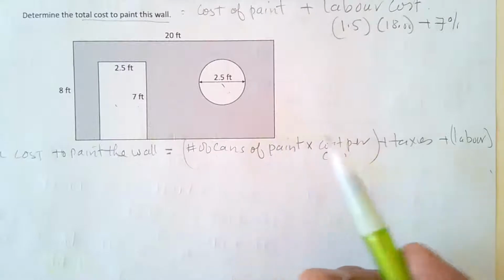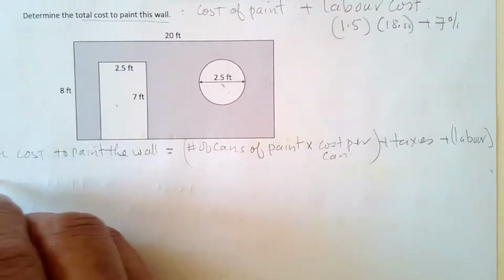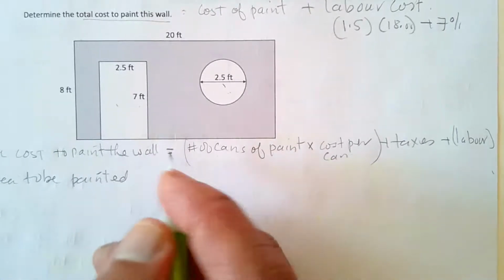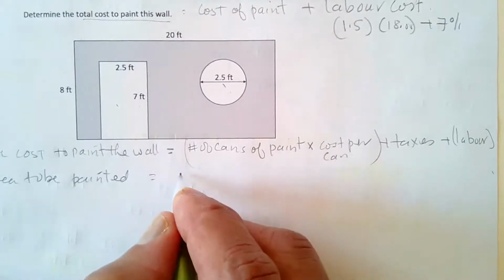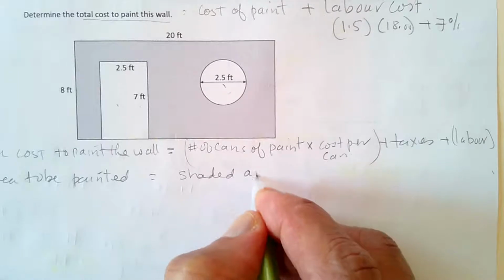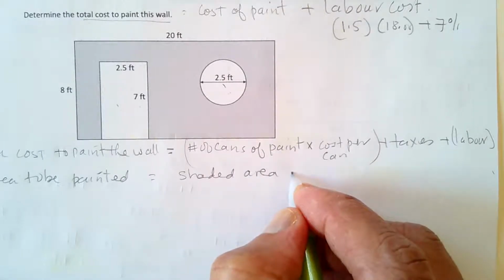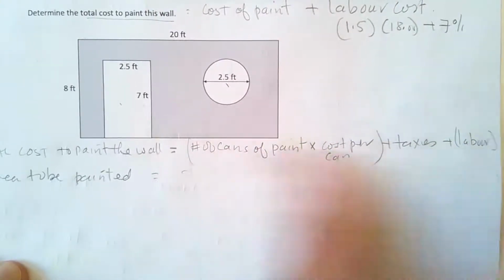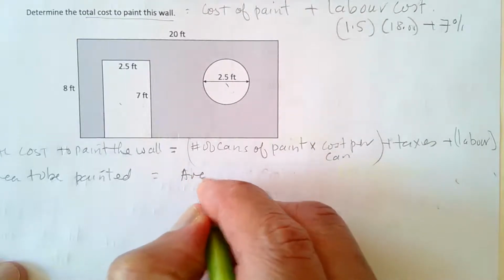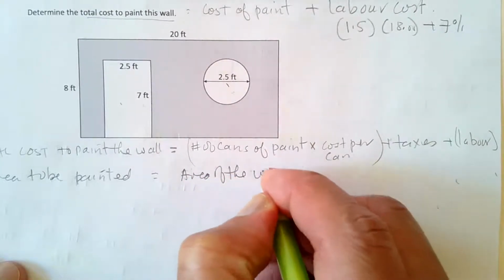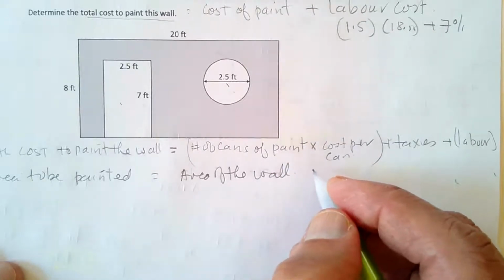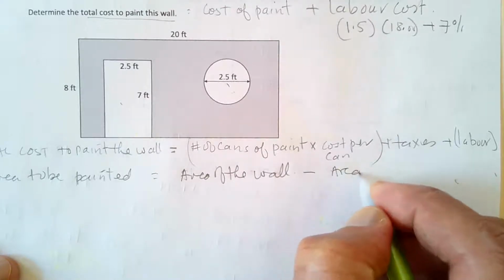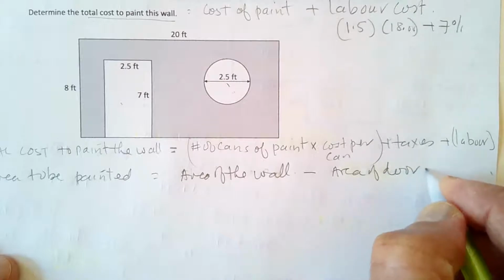So the area to be painted is equal to the area of the wall minus the area of the door, minus the window.